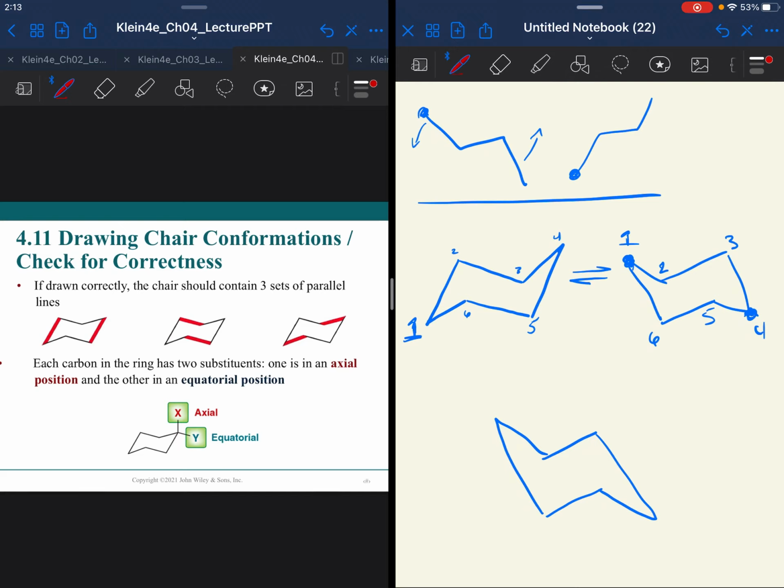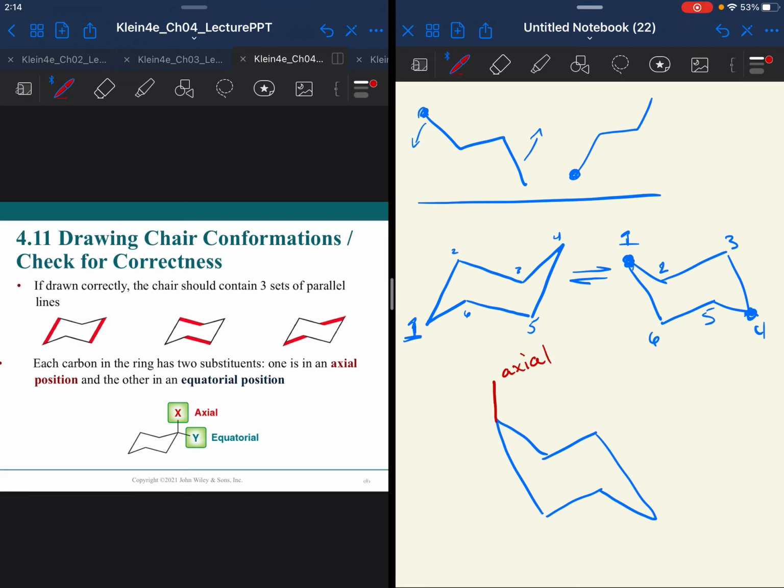So, how do you know when to go up or down? I pick one place to start. I know on the headrest, the parallel, vertical line is going to go up. On the footrest, it's going to go down. Start with one of those because then it's alternating. And so once you lay one down, it's easy to do the rest. So if I have up, and this position is called axial, right?